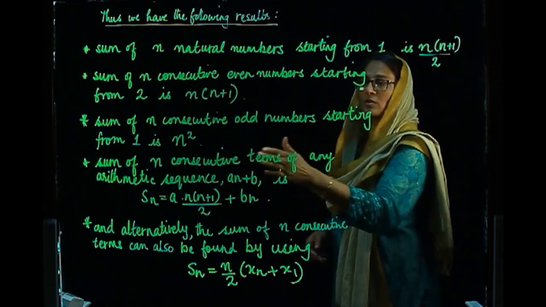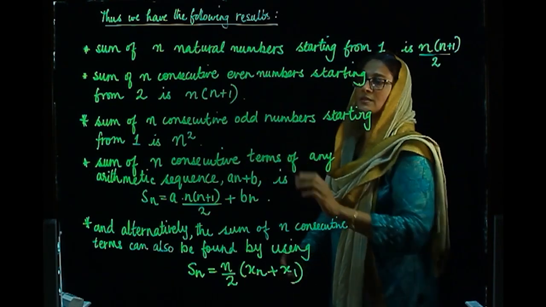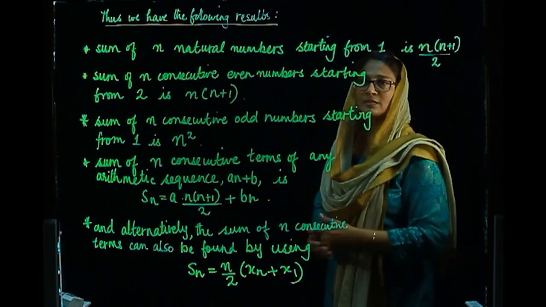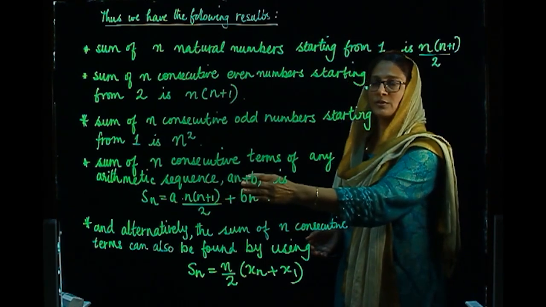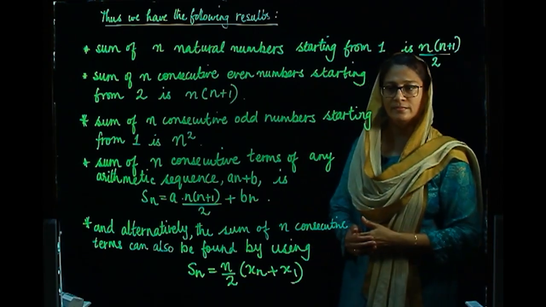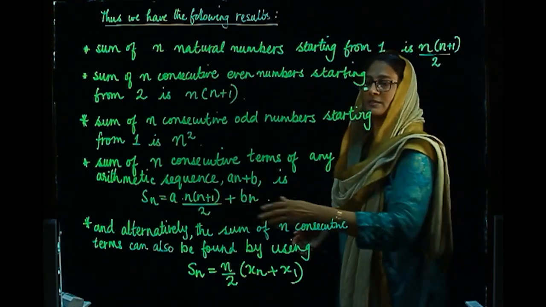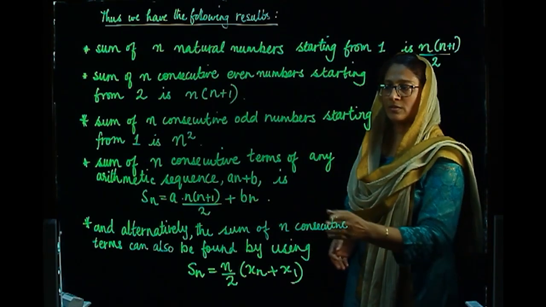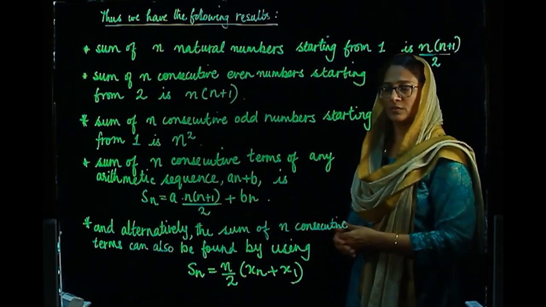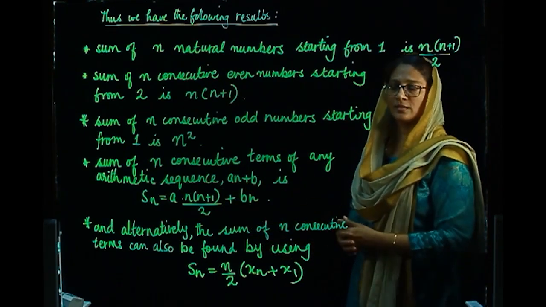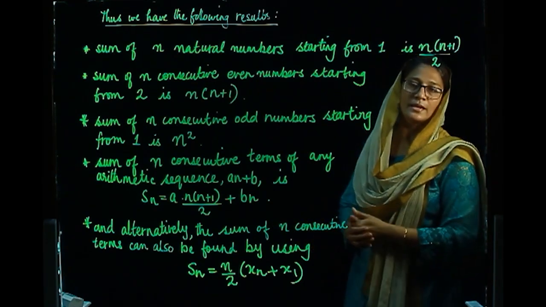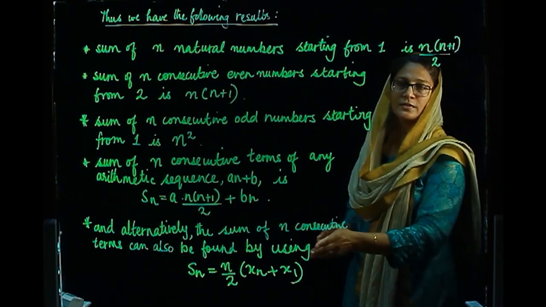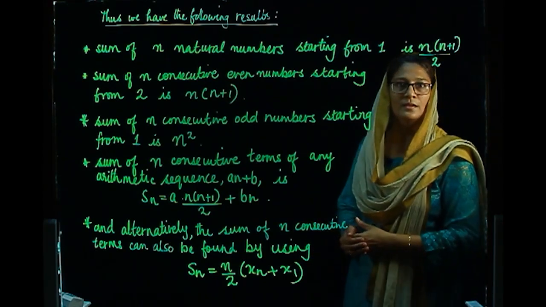The sum of n consecutive terms of any arithmetic sequence of the form an plus b is Sn is equal to a into n into n plus 1 by 2 plus bn. And alternatively, the sum of n consecutive terms can also be found by using Sn is equal to n by 2 into xn plus x1, provided we can find the first term and the last term.